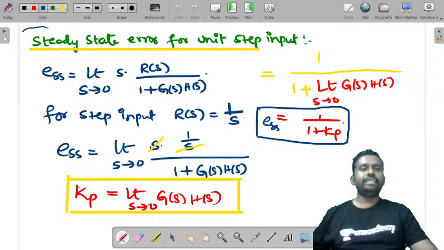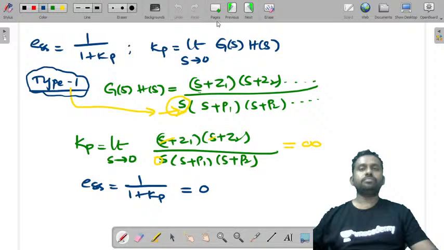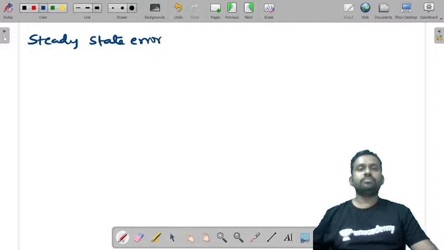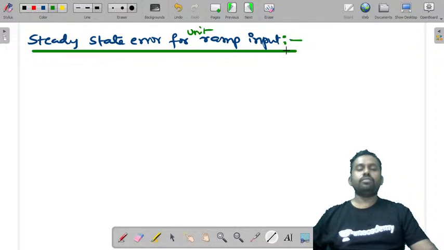This was the steady state error for unit step input. Now let's take steady state error for ramp input, the unit ramp input.